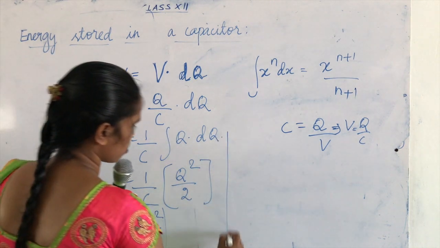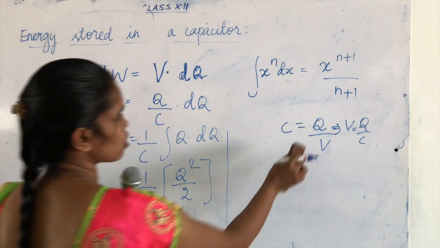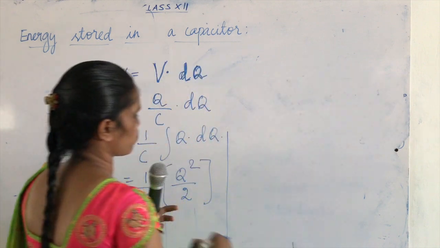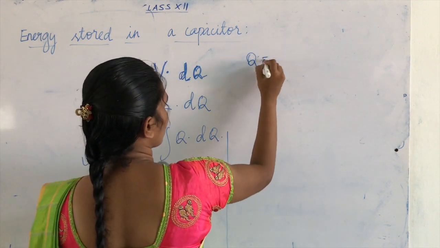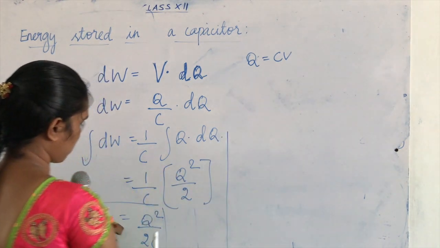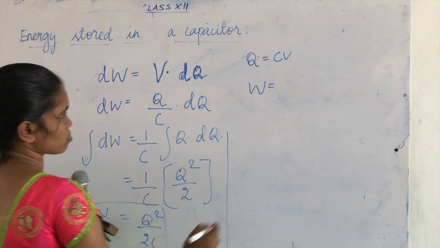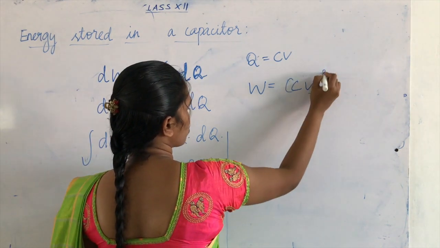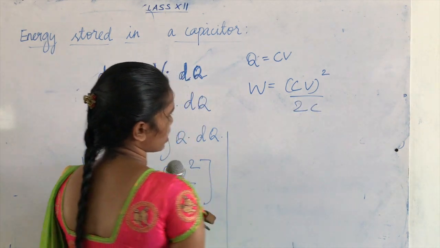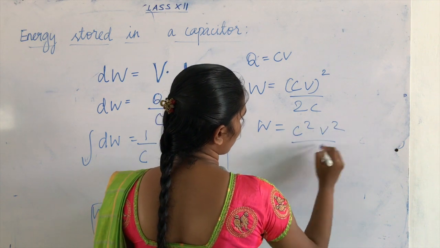Now apply Q equals CV. Q equals CV. So W equals (CV) the whole square by 2C, that is C square V square by 2C.